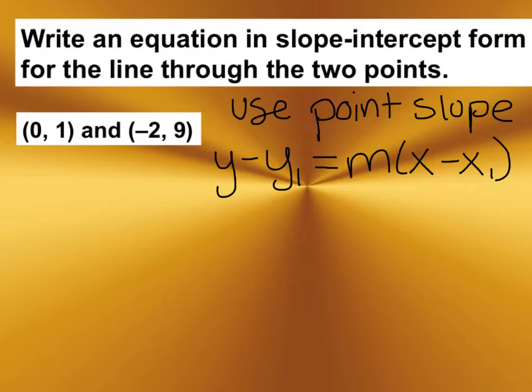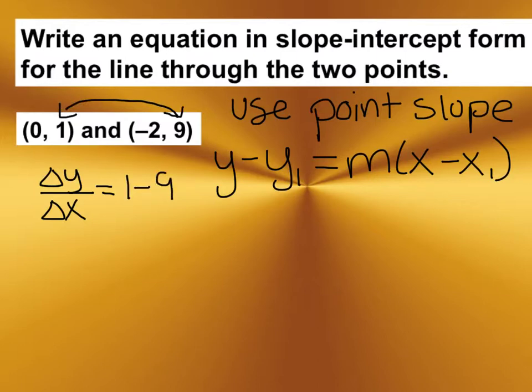So in order to use this formula, we need 2 things. The first thing is we need a slope. And you know how to find a slope from 2 points. We do the difference of y all over the difference of x. So the difference of y, I'll be subtracting the y values first, which is going to be 1 minus 9. And then I'll be subtracting the x values, which is going to be 0 minus -2.